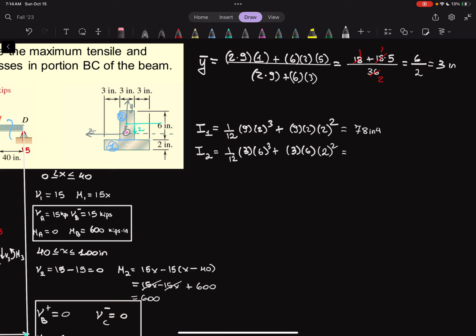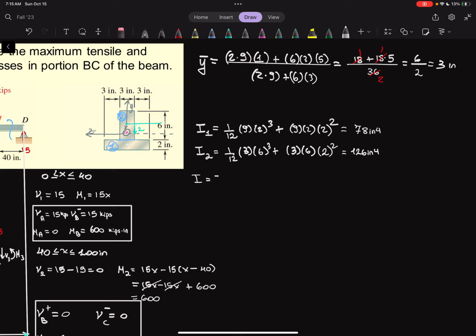We want to get to 3. So that would give me a 2 here. Our area is 6 times 3. And 6 is to the third. And I see what happened. I need a times here. And we get a total of 126 inches to the fourth.